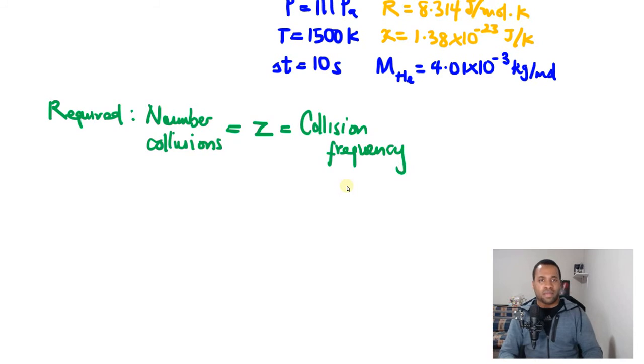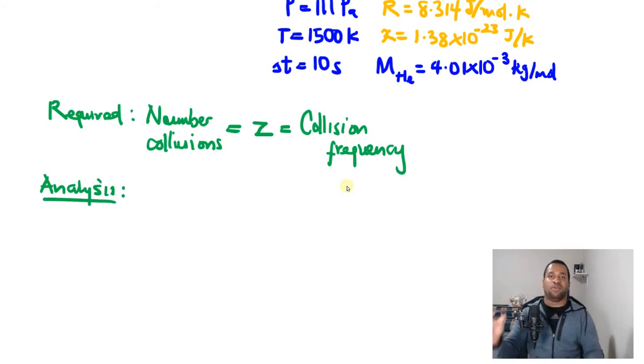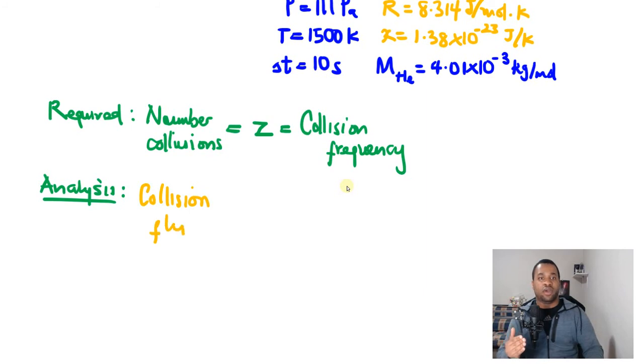So in this part, we need to look at our analysis and figure out how to rearrange a specific equation so that the subject of the formula is the collision frequency. We know that the collision flux, which we derived in our previous video, is expressed as Z with subscript M, and this is equal to the number density multiplied by 1/4 of the mean speed.